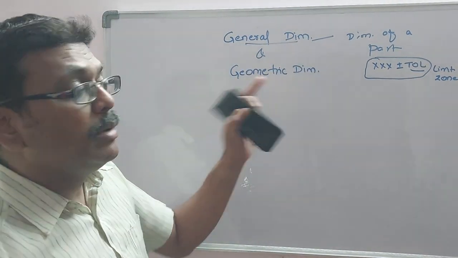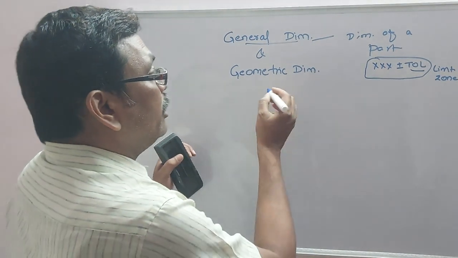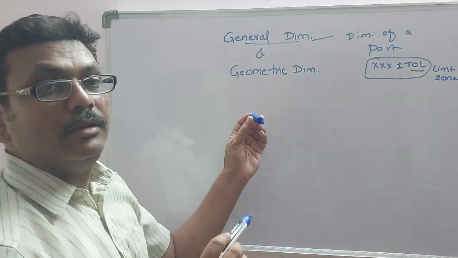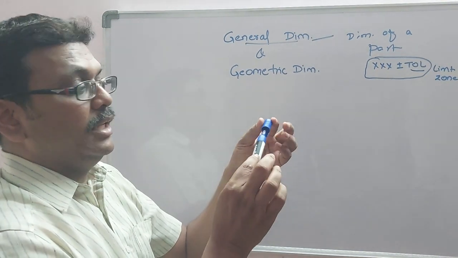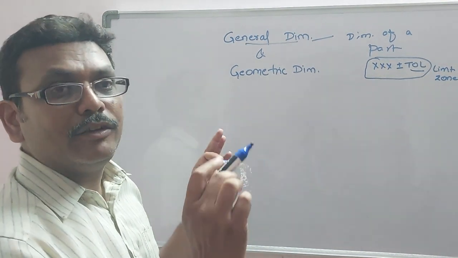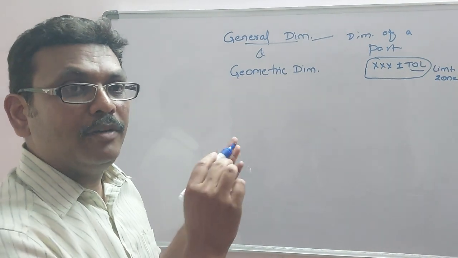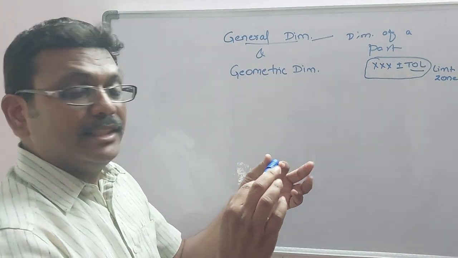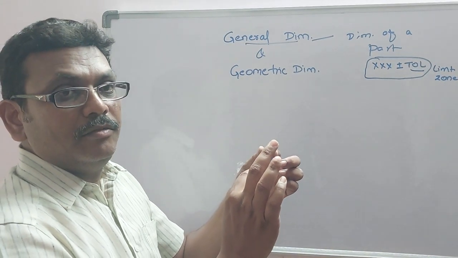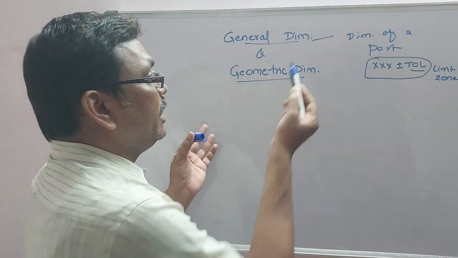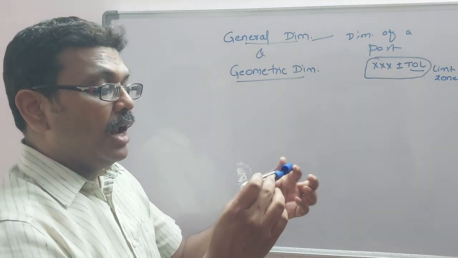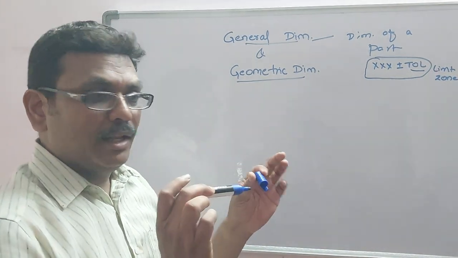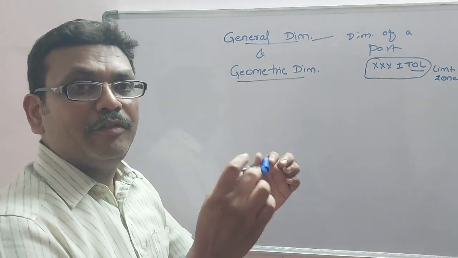When it comes to geometric dimensioning, in order to assemble a part like this, we need some set of symbols. With the help of those symbols, we can assemble the component. Without geometric dimensioning, we can't assemble the component perfectly. We can assemble, but it will be of different shapes.